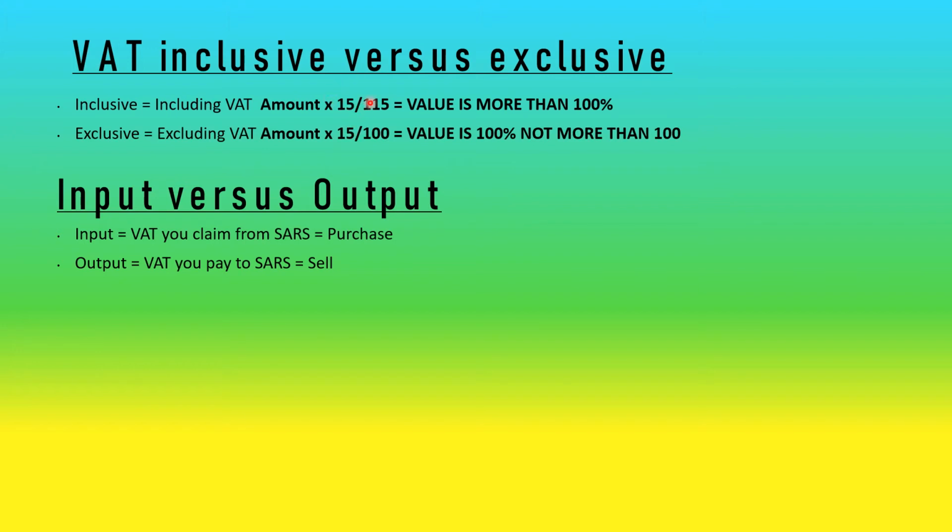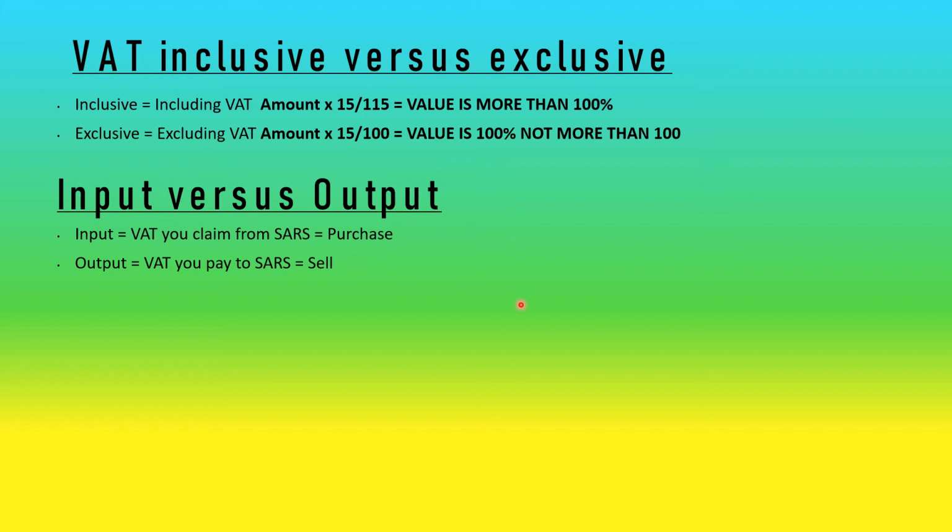I want 15% VAT from my total amount. What do I have? I have an amount including VAT. Very similar, if you're doing VAT exclusive, I would use the amount. What do I want? I want 15% over what do I have? I only have 100% because the VAT was not added in this example. Therefore, I would use 15 over 100. I hope this helps to clarify it now.